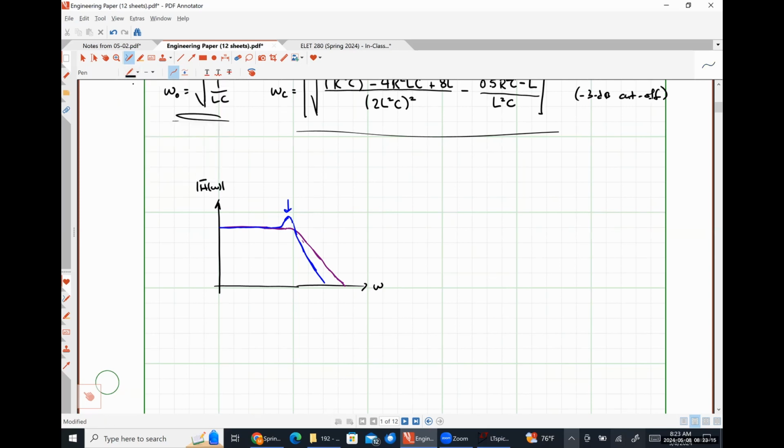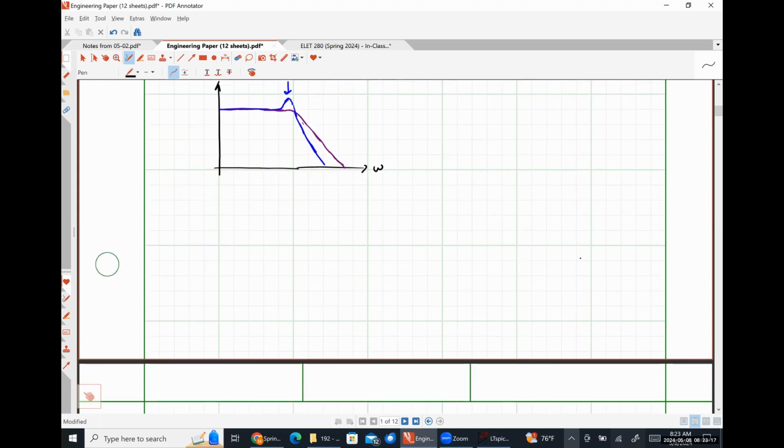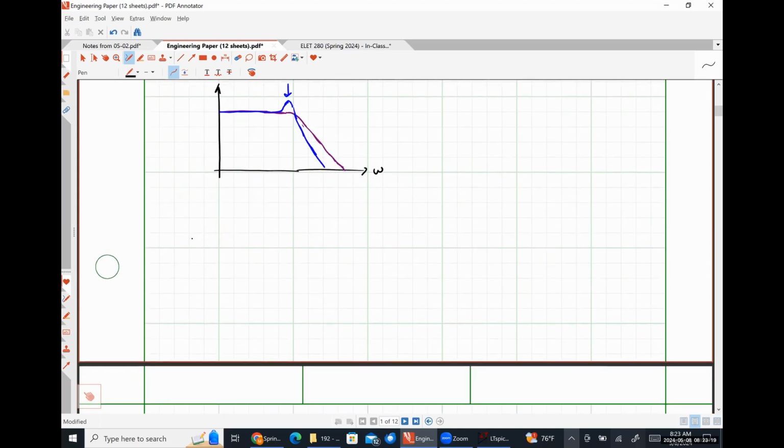All right. So lastly, we have our phase response. So as per usual, this will be nothing more than the inverse tangent of the imaginary part over the real part.